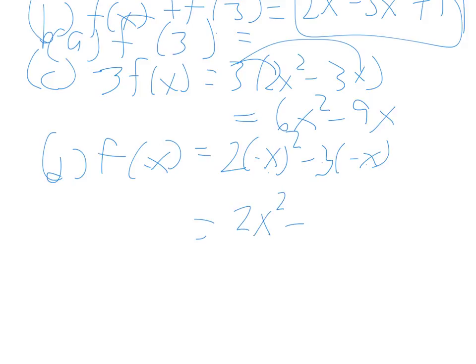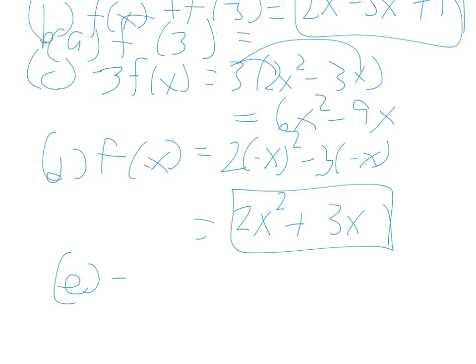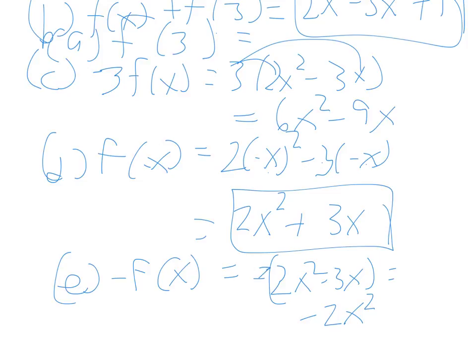Then negative 3 times negative x would be positive 3x. Then negative f of x, part E, would just be negative, and then 2x squared minus 3x, which would be negative 2x squared plus 3x.